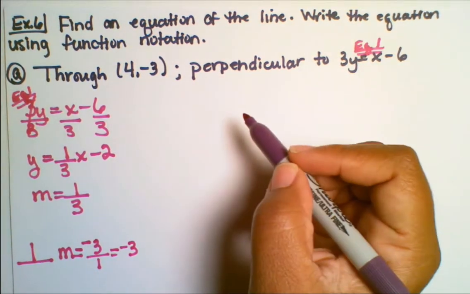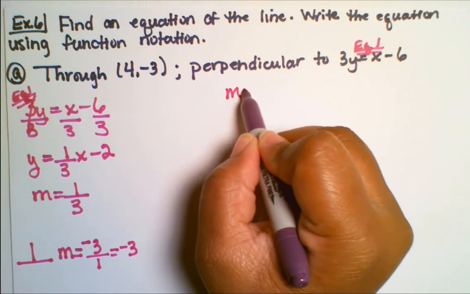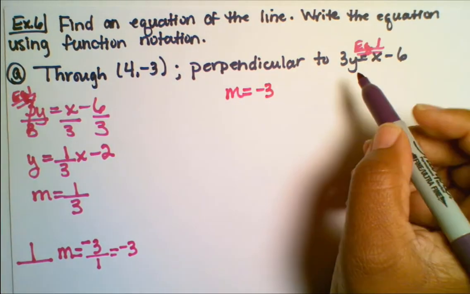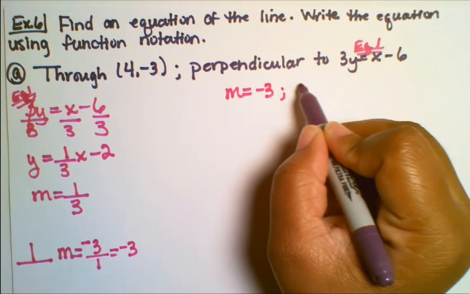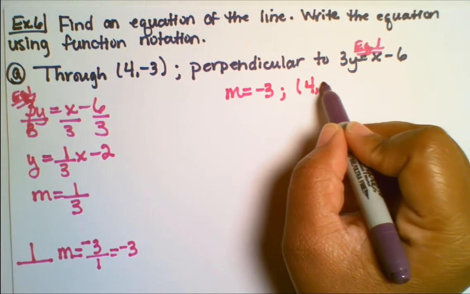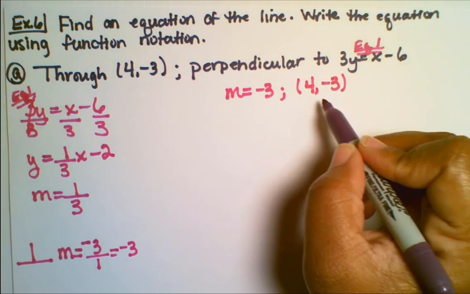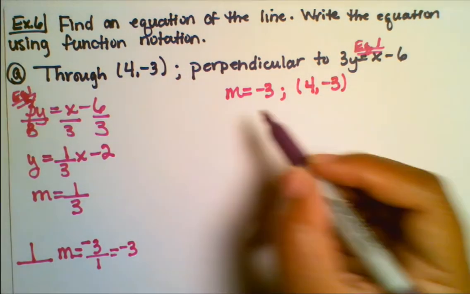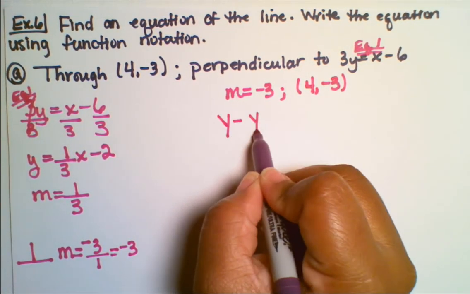So now we have the information needed to create this line. We have a slope of -3, and it's through the point (4, -3). We're going to use the point-slope formula.